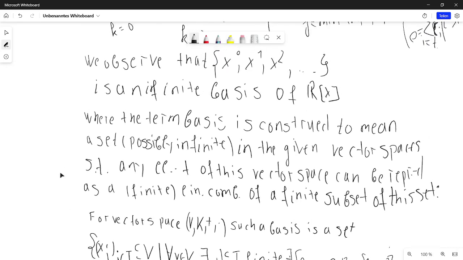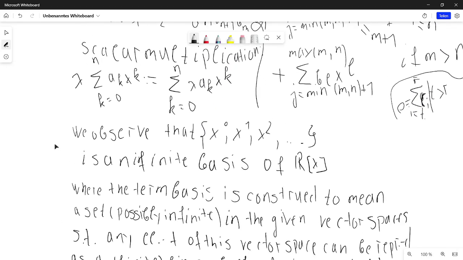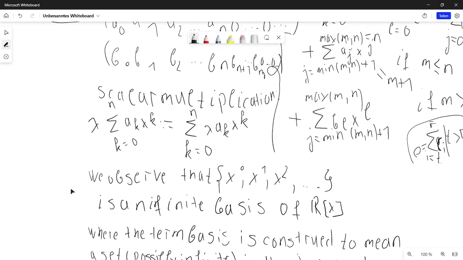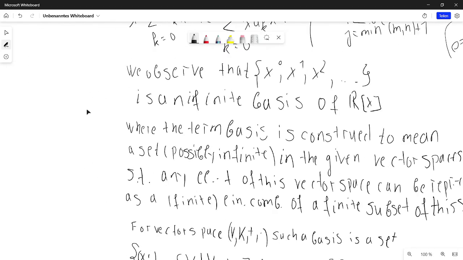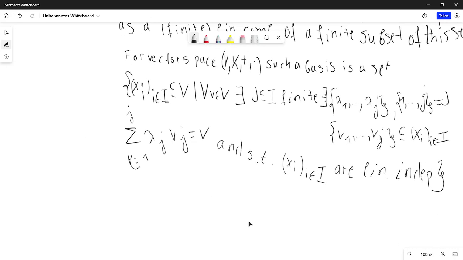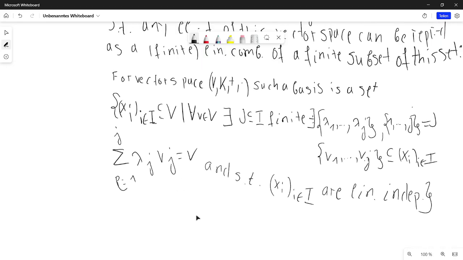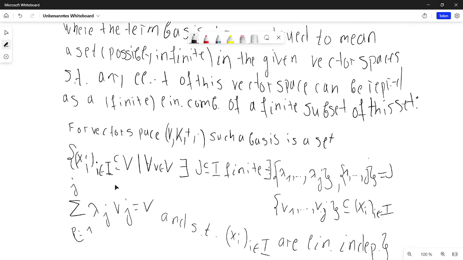It's quite clear that it is a basis. You don't need to think about it extensively, but of course, if you like, you are welcome to think about it. It's actually quite simple.